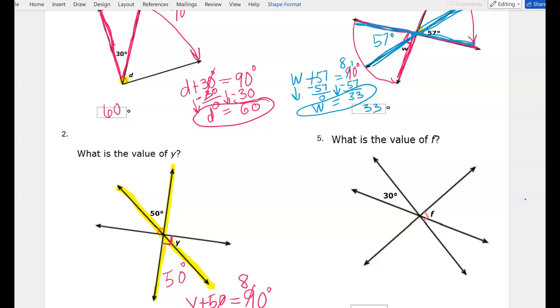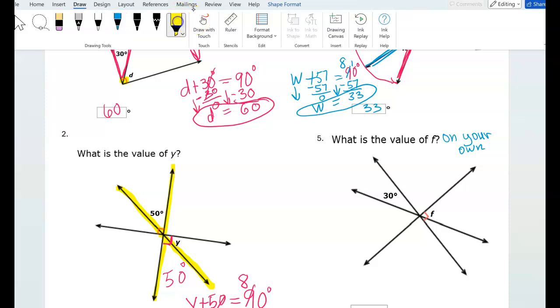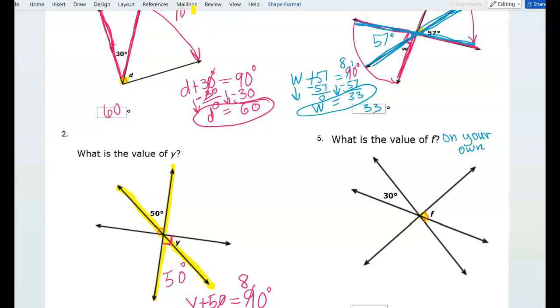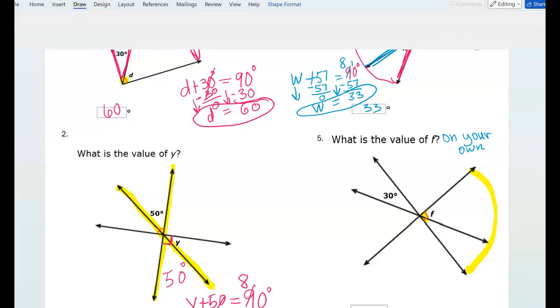So I want you to work this one on your own. This is a 90-degree angle. Well, I didn't mean for that to happen, but that's okay.